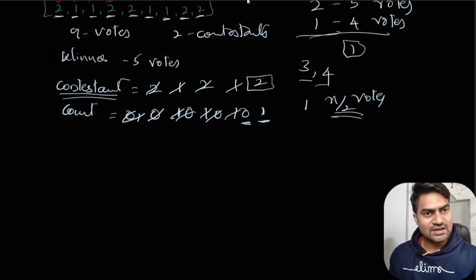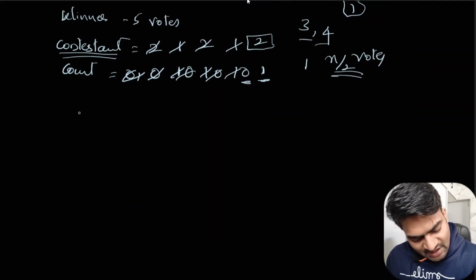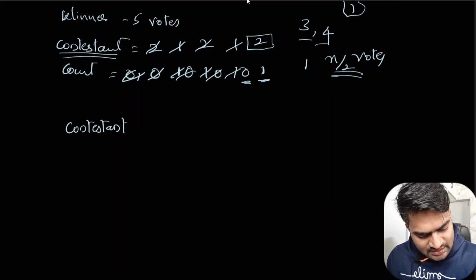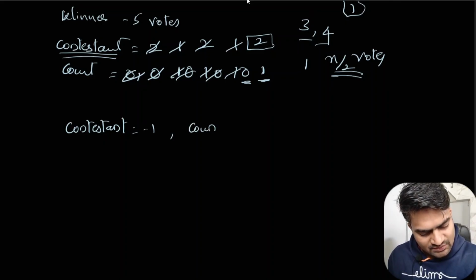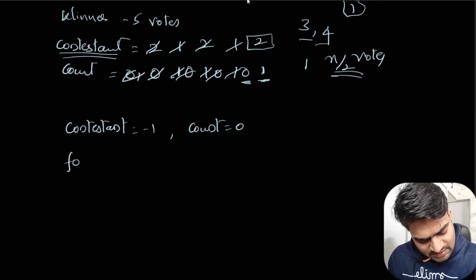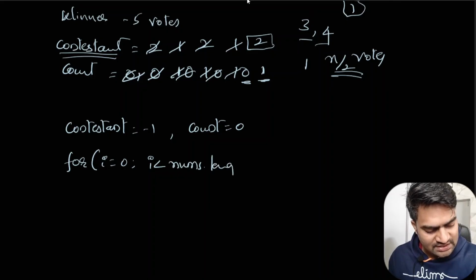Okay, let us try to look at this in pseudocode. So let's take a contestant variable, contestant, and initially just mark it as -1 and count equal to 0. Okay, now iterate over the loop, i equal to 0, i less than nums dot length, i plus plus.